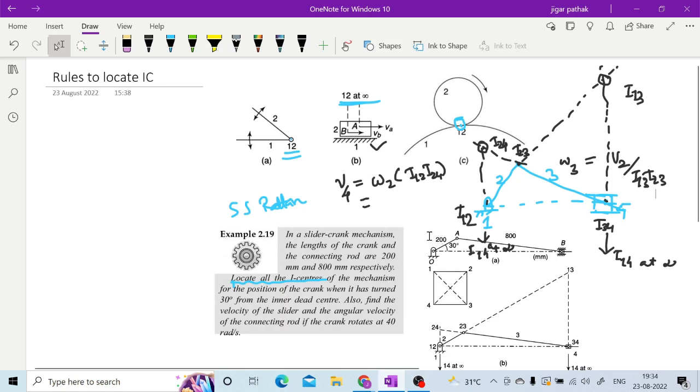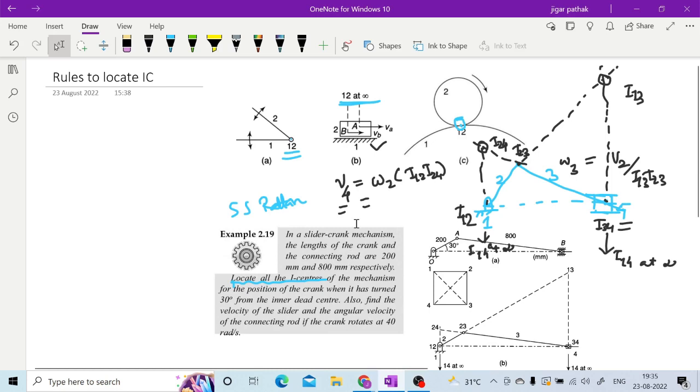The velocity of the fourth link is related to this instantaneous center I24, because link 4, the slider, is there, correct. So the linear velocity of link 4 is related to the angular velocity of link 2, the crank. For the crank, it is given, right.